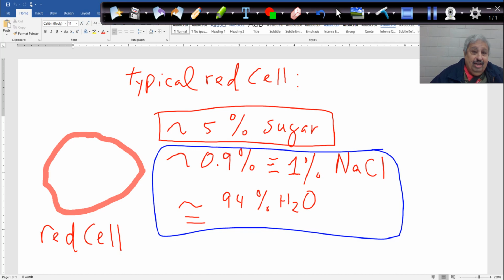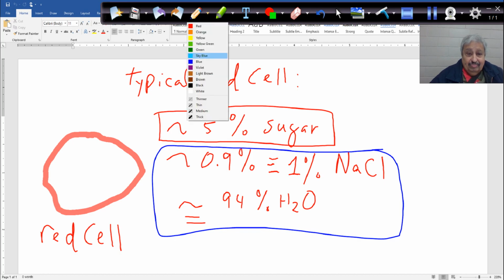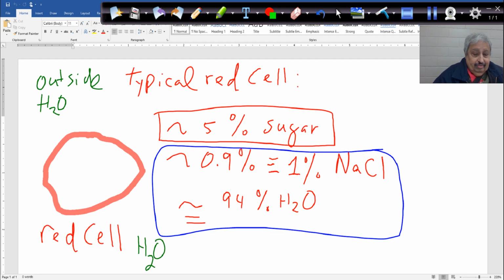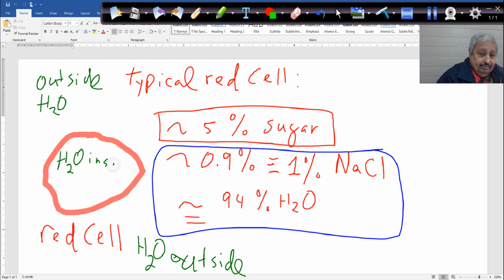Now, H2O outside here, and this is H2O inside, sodium chloride inside.